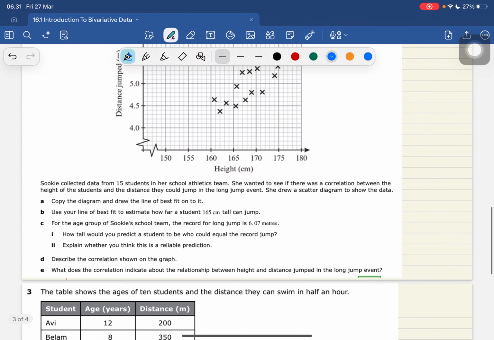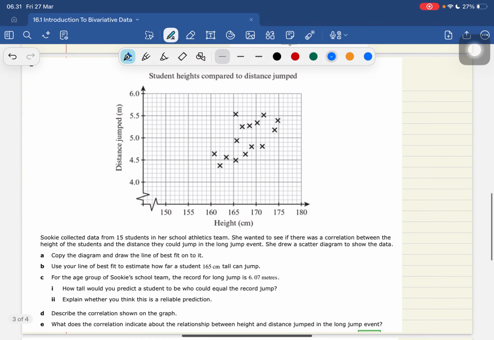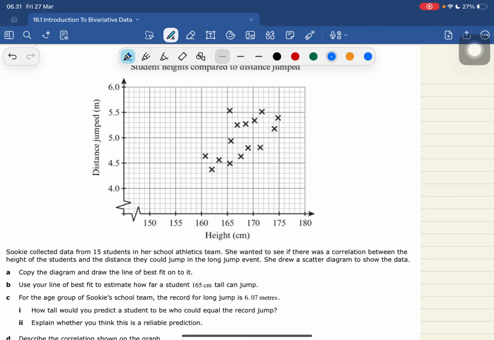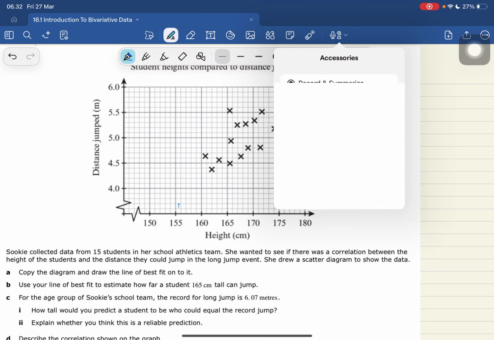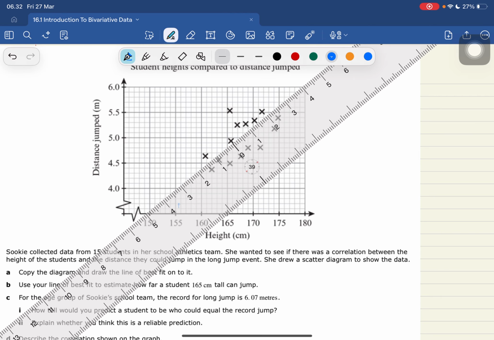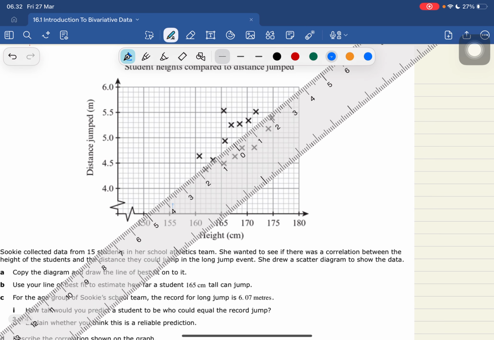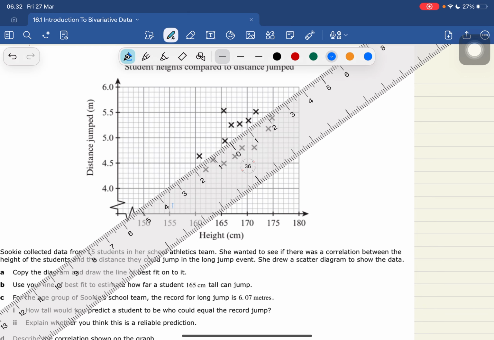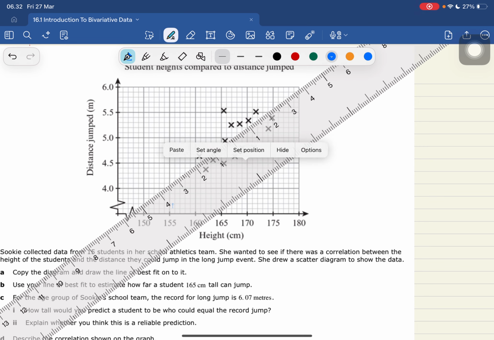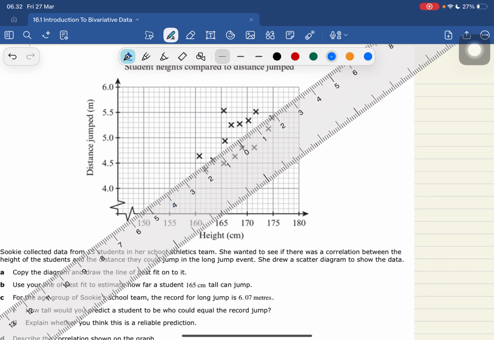We need to copy the diagram. Okay, let's use this and draw the line of best fit on it. So we need to use a ruler. Here is my ruler. The tip is that the line should be as close as possible to make it equal, not too many points before or after the line.